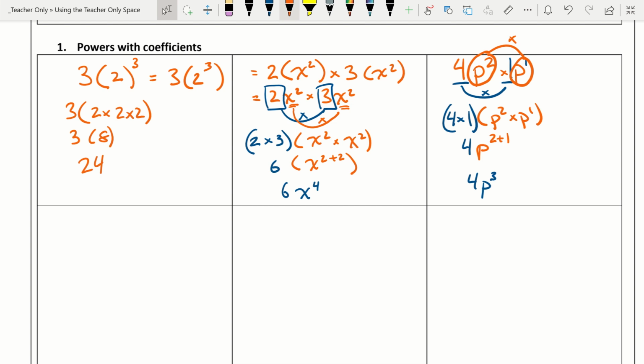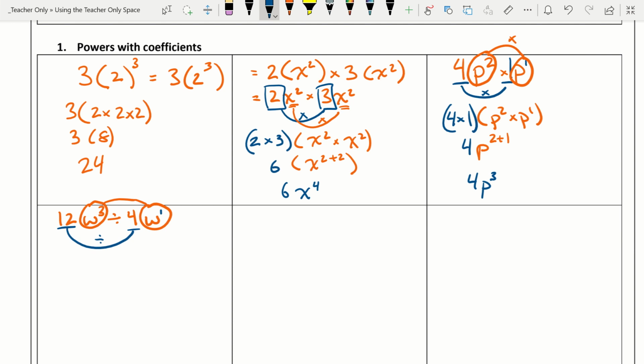In contrast, if we have 12w cubed divided by 4w, and we can assume there's a 1 on that w if there's nothing there, now we can divide the coefficients, and then we can divide the two powers. We're dividing here, not multiplying. So let me rewrite that.